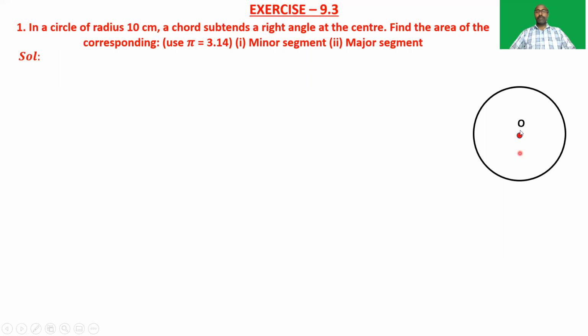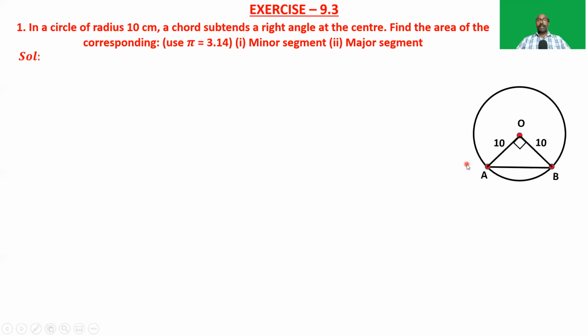So here we have the circle with center O and AB is a chord of this circle, and it is given that the chord subtends a right angle at the center. That is, by joining the ends of the chord to the center, the angle between the lines is 90 degrees. And also it is given that the radius of the circle OA, OB is equal to 10 centimeters.